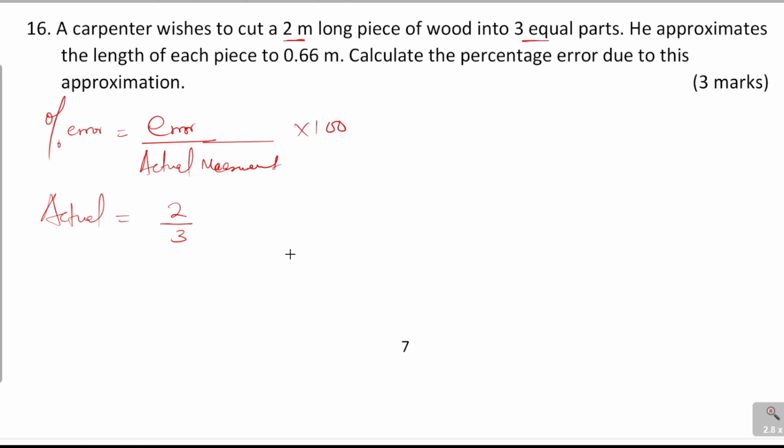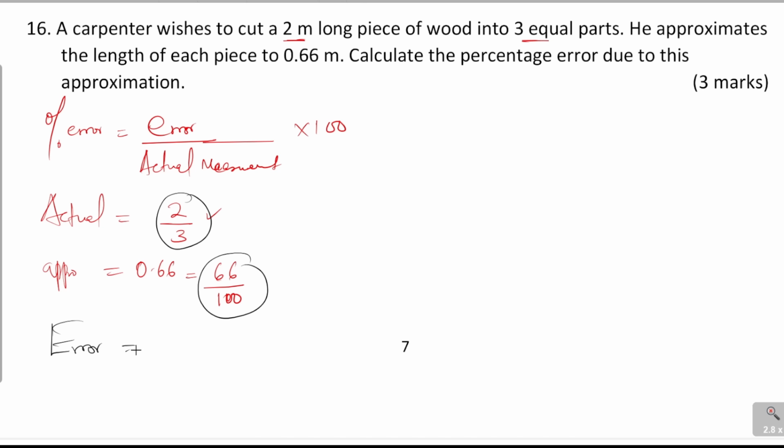Then he approximates. He doesn't get 2/3. This is the approximation that he makes, 0.66 meters. Because here we have a fraction as the actual, we can write this one as a fraction as well, which will be 66 divided by 100. Having the actual measurement of each piece as 2/3, and the approximated value, we can get the error: take the actual 2/3, subtract the approximated value, which is 66 divided by 100.